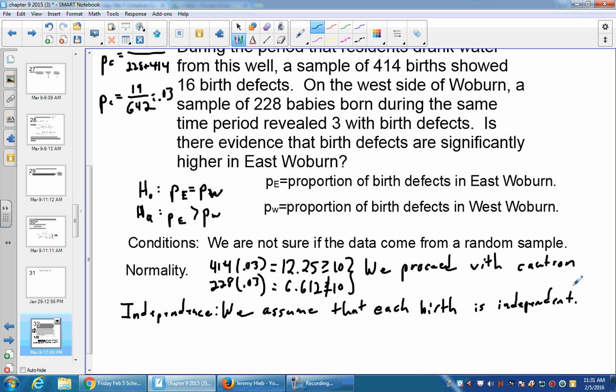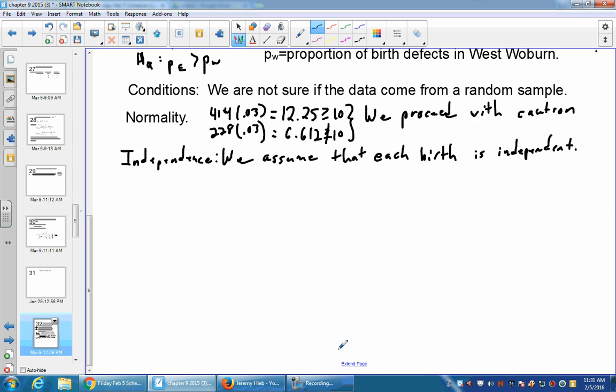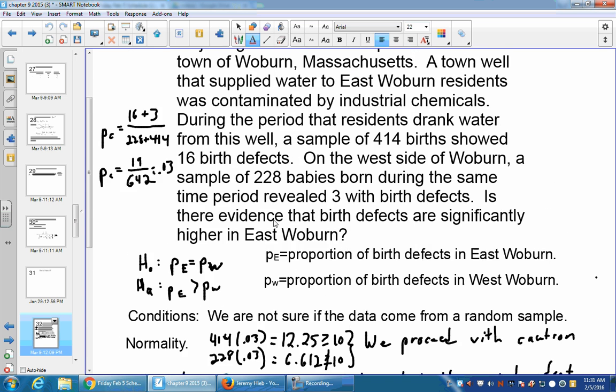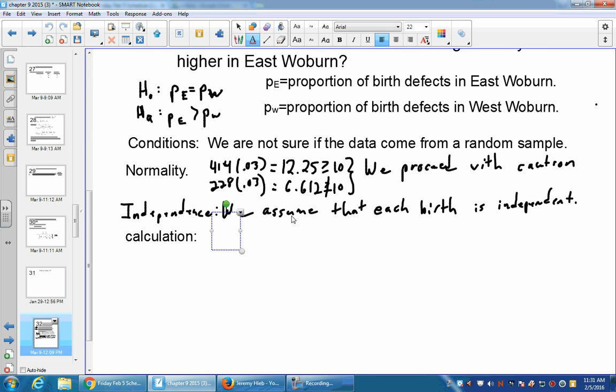All right, we got that out of the way. So now we go to the calculations. So for calculations, what we need to do is find our z-score.